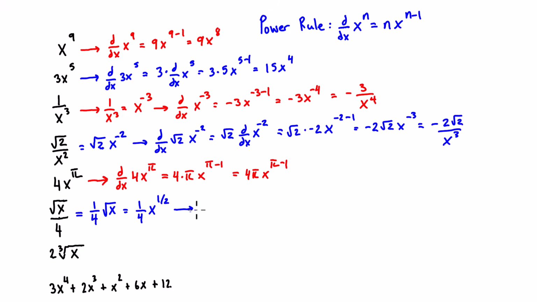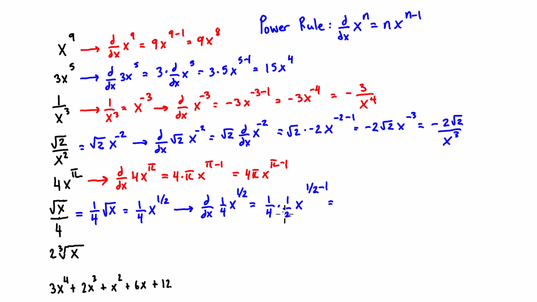So n is equal to 1/2, we're going to bring that down. So for the derivative of this expression, d/dx of 1/4 x to the 1/2, the derivative of that expression is going to be 1/4 times 1/2 times x to the n minus 1, so we have 1/2 minus 1 in the exponent.